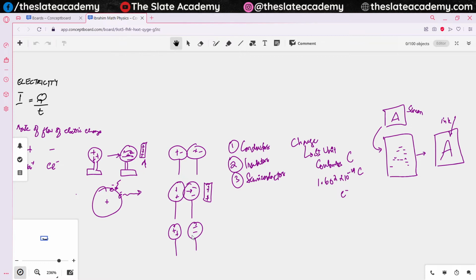Electrostatic induction is the phenomenon of converting a neutrally charged substance into a charged one.